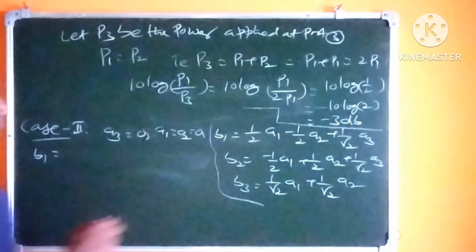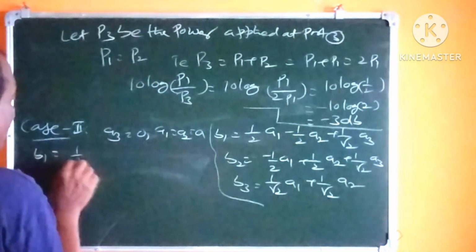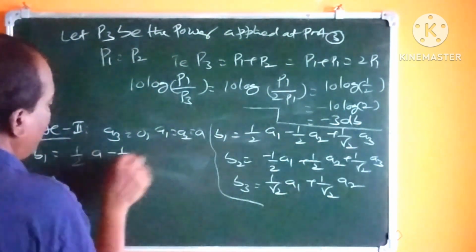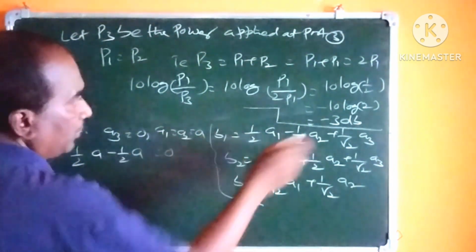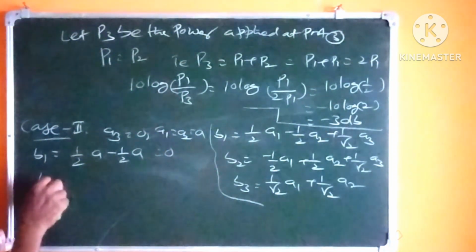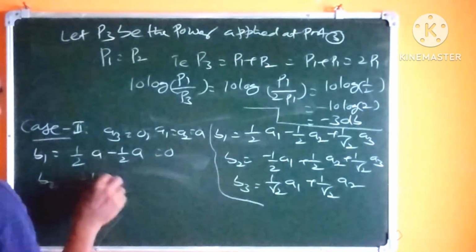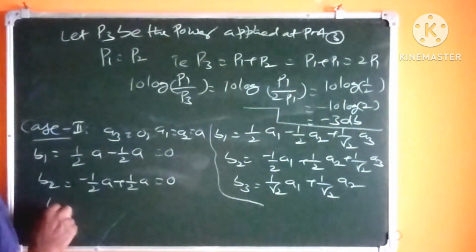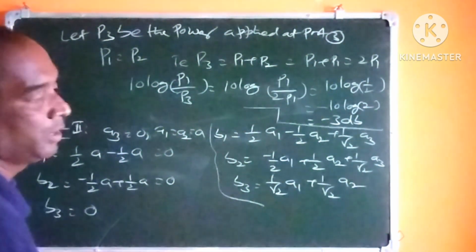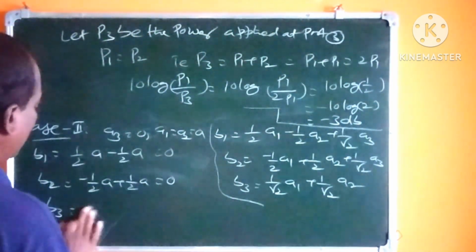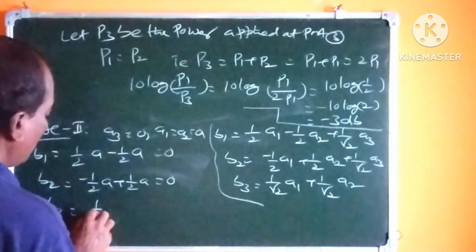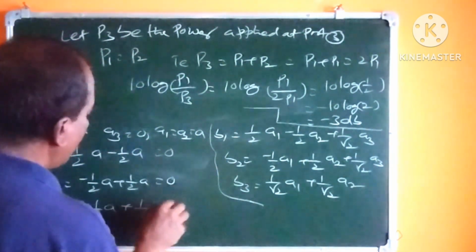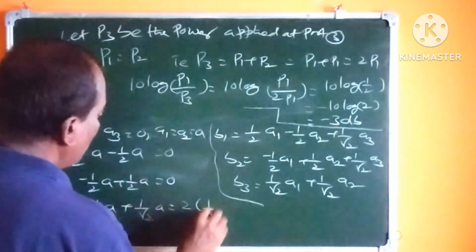B1 equals 1 by 2 A1, it is A minus 1 by 2 A, which equals 0. Next, B2 equals minus 1 by 2 A plus 1 by 2 A, which equals 0. And B3 equals 1 by root 2 into A plus 1 by root 2 into A, which equals 2 into 1 by root 2 A.